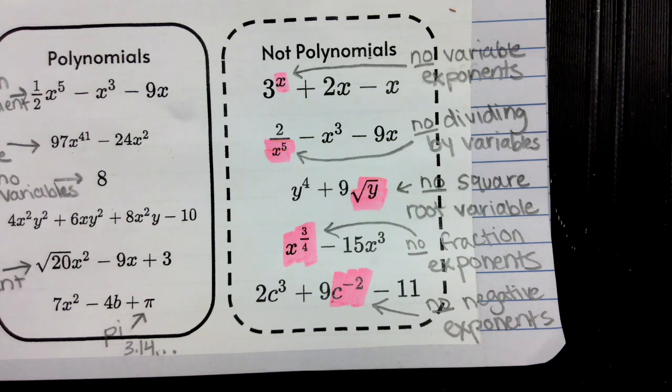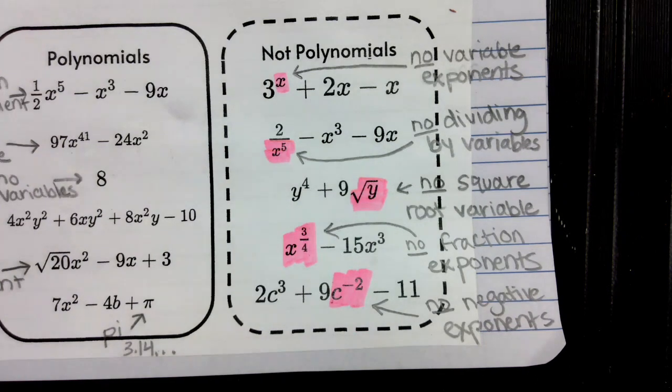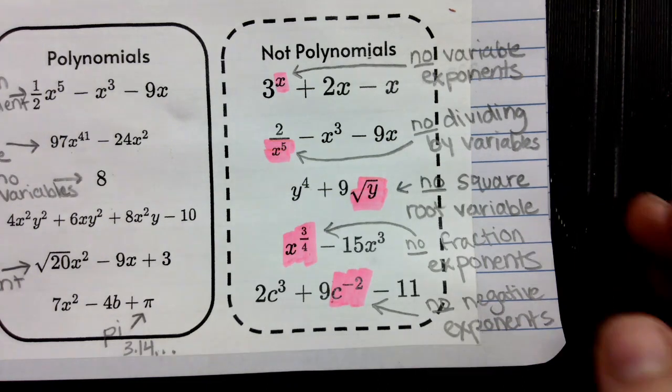So what's our first exponent? 4. And then it decreases to 3. And then 2. And then what's the exponent of just the x? 1. And then are there any x's with that 13? Nope. So that would just be the constant.